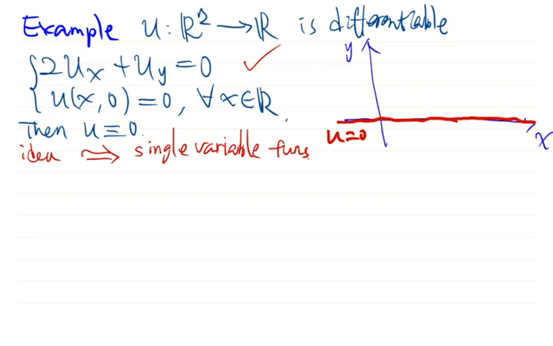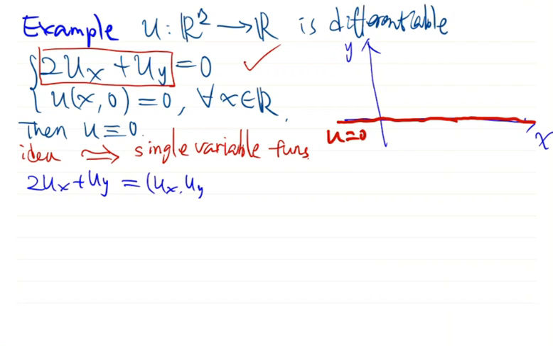How to do this? You see the condition here, 2u_x plus u_y. What is this? It is (u_x, u_y) dotted with (2, 1). So this is the gradient of u and a given direction vector whose components are 2 and 1.